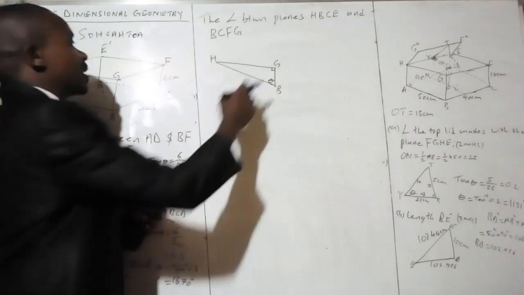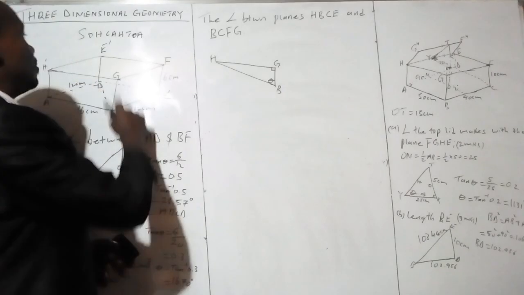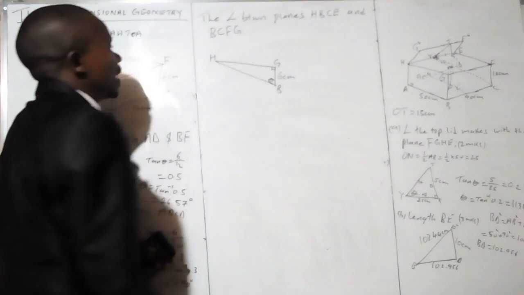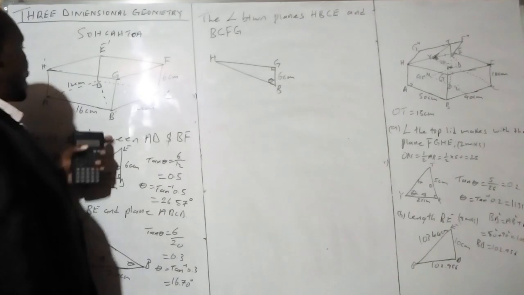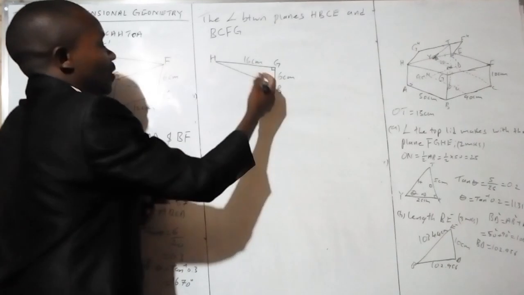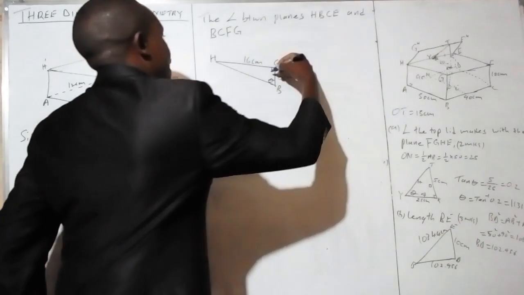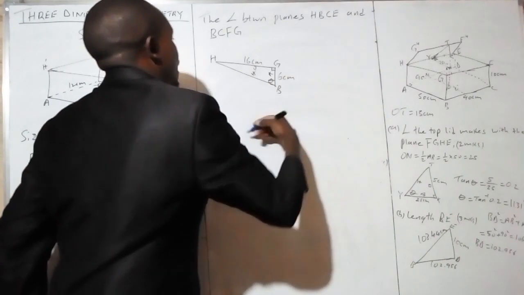Yeah, so it's this angle here. It's simple. GB is what? GB is equals to FC. This 6 centimeters. HB is what? HB is equals to AB. 16 centimeters. The angle is this. We are going to have adjacent, opposite, hypotenuse. Again, you can use tan.